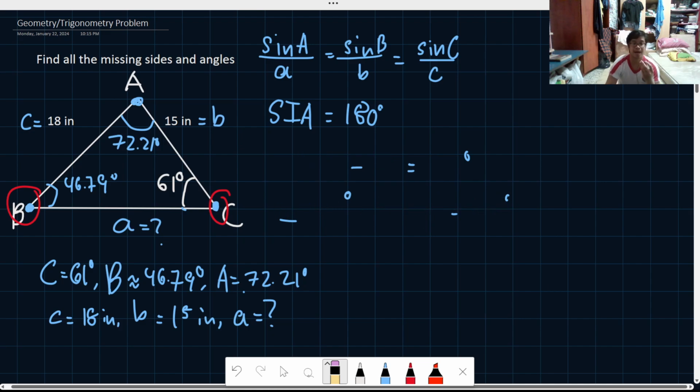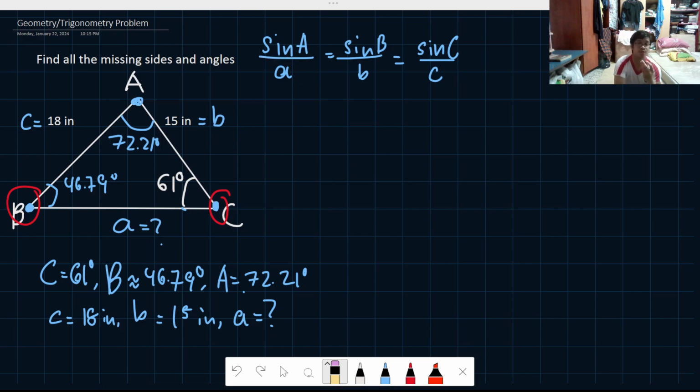So, okay, how are we going to find small letter a? Here, we can go back to this formula again, sine A all over small a.